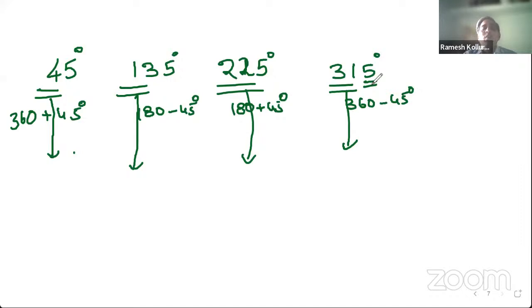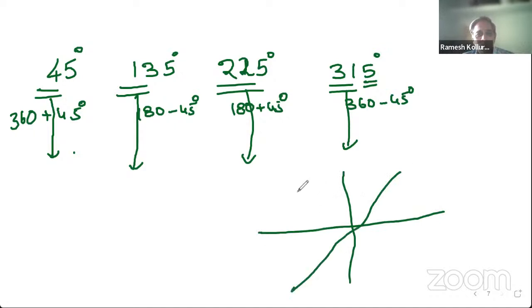So we are looking only at 45 degrees. 5 means 45. I don't know whether it is in the first quadrant, second, third, or fourth quadrant. So how do I know which point this is?